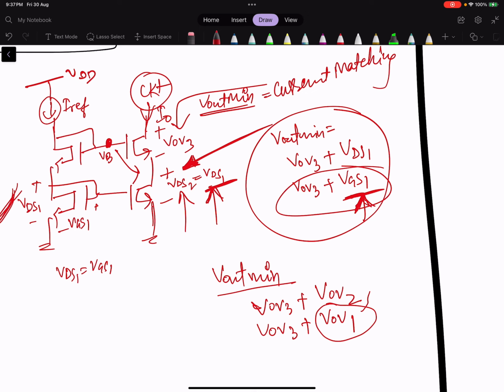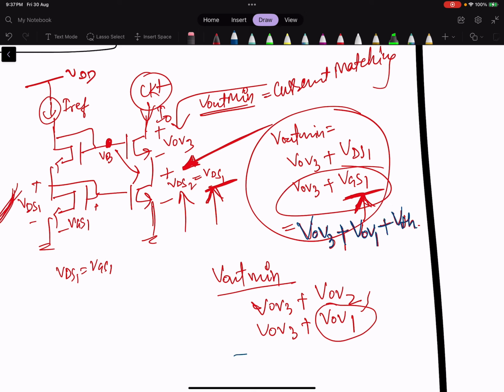And what is the gate-source voltage? Gate-source voltage is the overdrive voltage plus the threshold voltage. So this voltage becomes overdrive voltage of 3 plus overdrive voltage of 1 plus VTH.